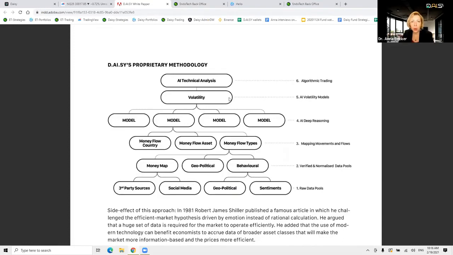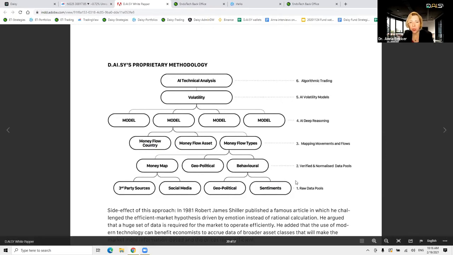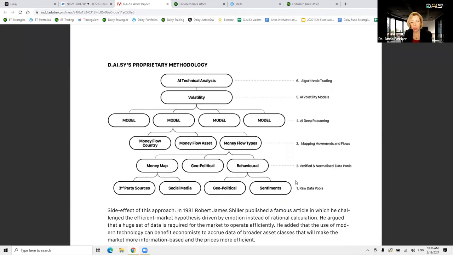So we start with an attempt to get all the information about the global money map. Meaning that money has different types. You have money which is static. Again, you have all the tables showing it to you within the paper, of different money types, of different industries where this money resides, different assets where it is, and so on.